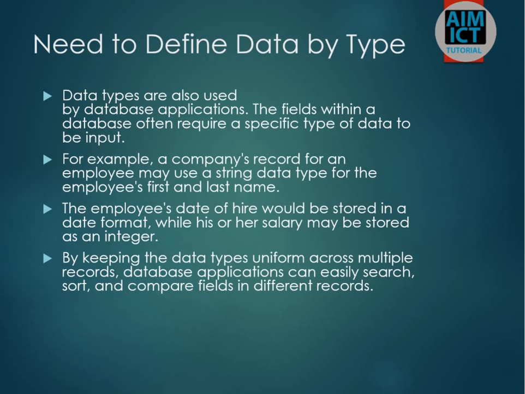They define employee first name, data type string. Second, last name, string. Date of birth will be data type date. If there is a salary which they are paying the employees, the data type will be decimal or currency. It depends on that field.